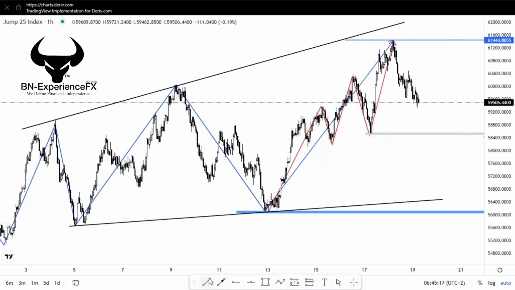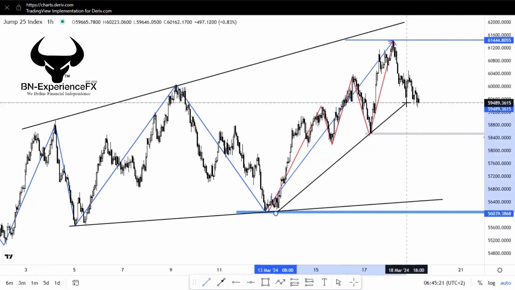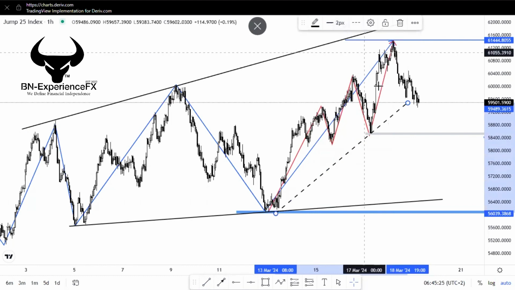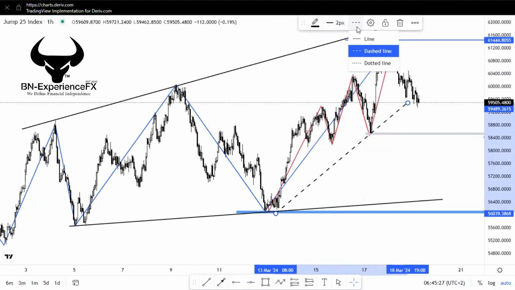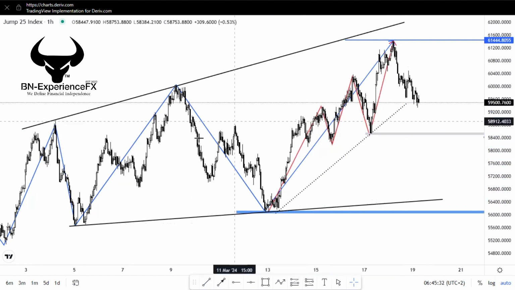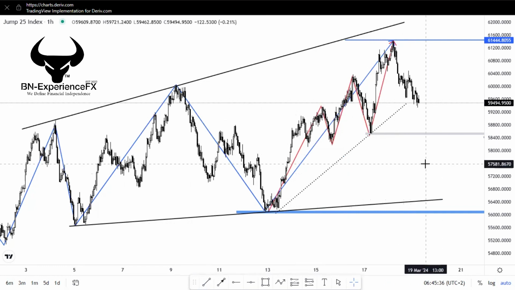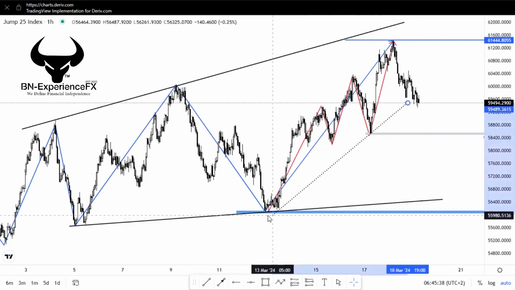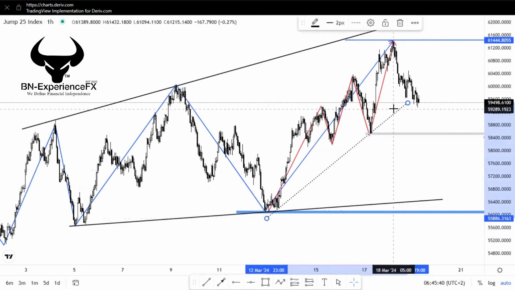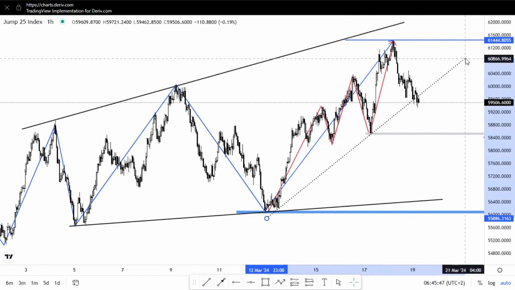One more point here: you can use your trend line like this. This is going to be an inside trend line, the same thing as the way we did with the inside structure here. So first touch, second touch. Then, like I said, if you've been watching our videos, you know I don't necessarily like to extend like this.